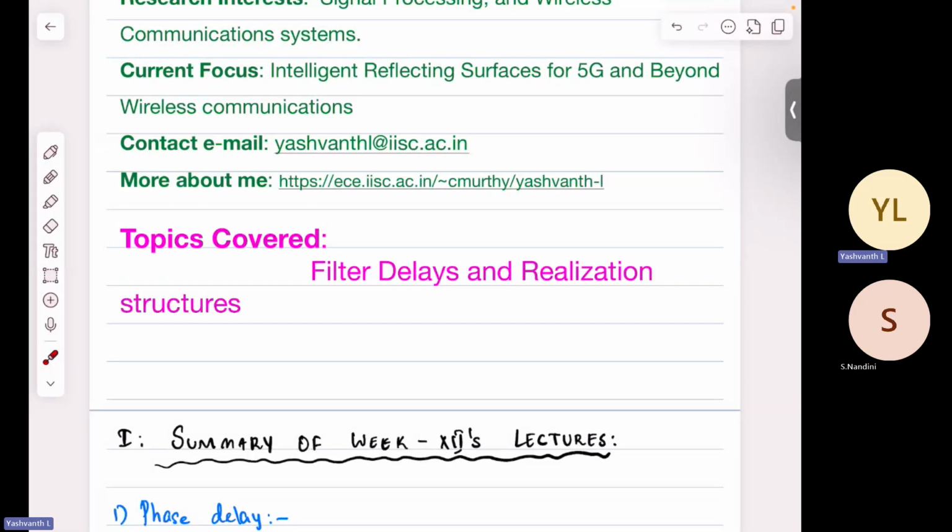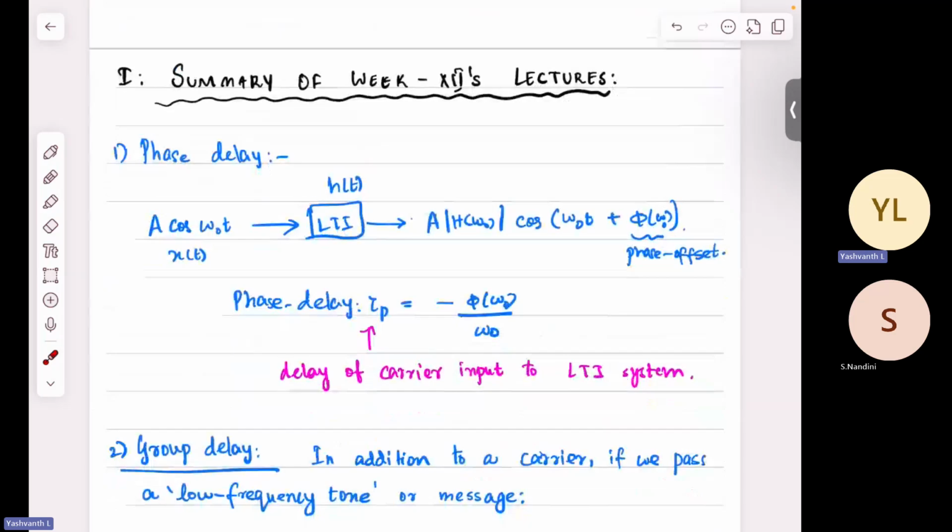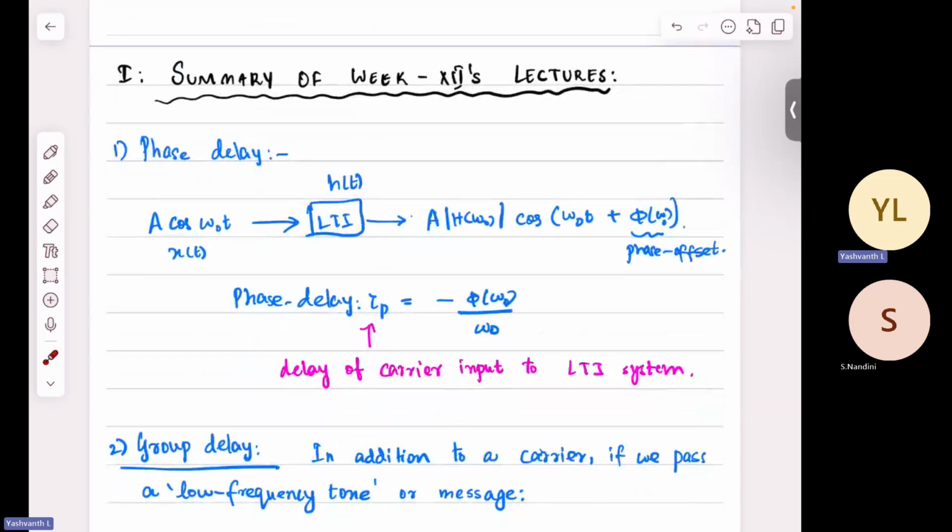As usual, let's get started with a summary for the week 12's lecture. We started with what is called the phase delay. To understand that, you take an LTI system whose impulse response is characterized by h of t. You pass the input A cos omega naught t and look at the output.